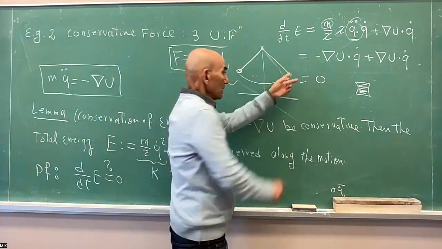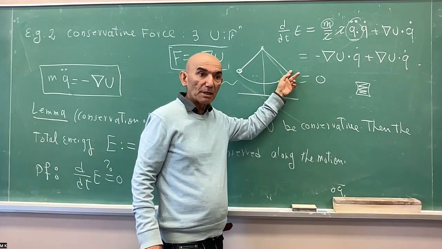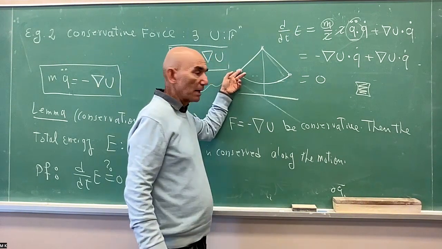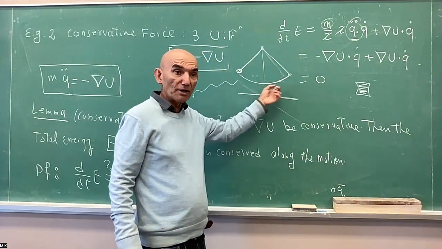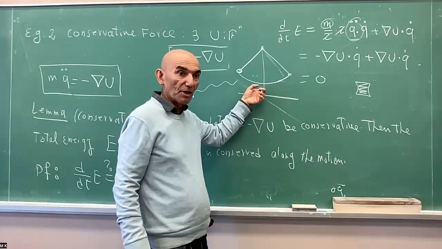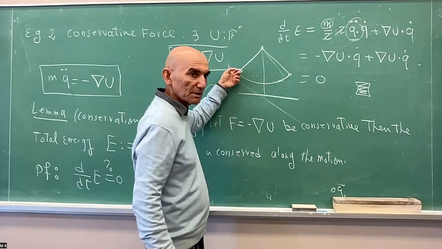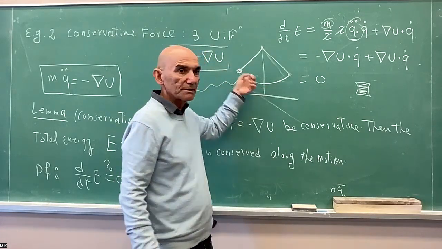But when you come back here, the kinetic energy is maximum because it's just crossing the vertical line at maximum speed. We know that, and then it decreases, kinetic decreases, potential increases.